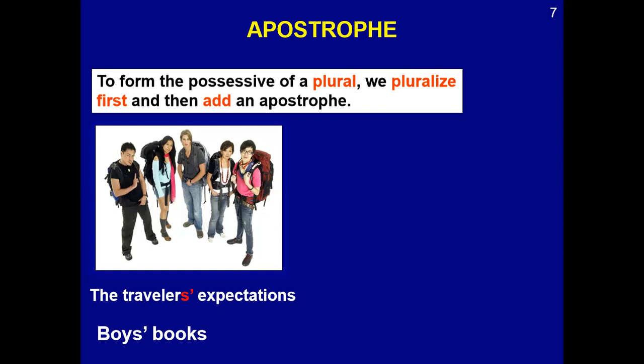So here we first pluralized these two words, traveler and boy, and then we added an apostrophe, and after it we have not written another S, because it is more than enough. In the previous slide we already discussed that once such a word ends with S, then after it you mark an apostrophe, and after this apostrophe you are not supposed to rewrite S.